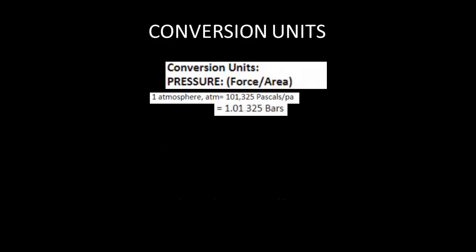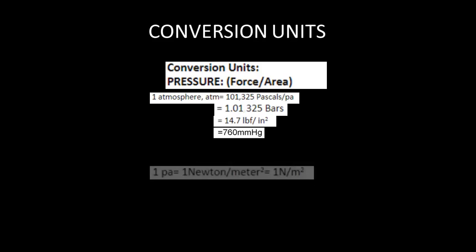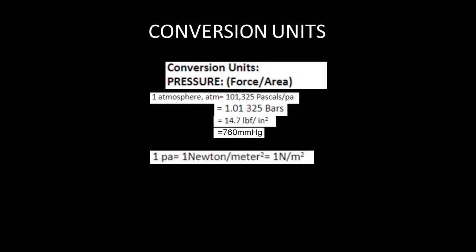It is also equal to 1.01325 bars, 14.7 psi or pound force per square inch, and 760 millimeters mercury. Now, a Pascal is equal to a Newton per meter squared, or 1 N per m squared. A bar is equal to 100,000 pascals.